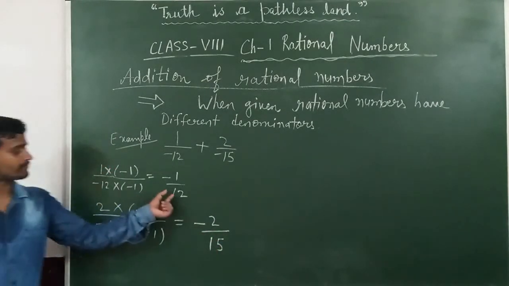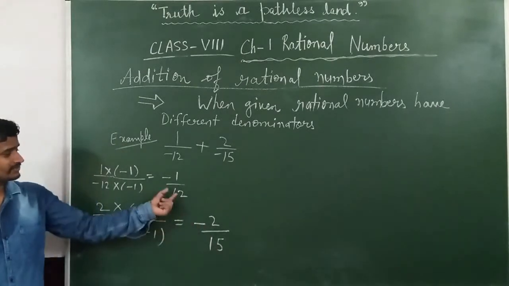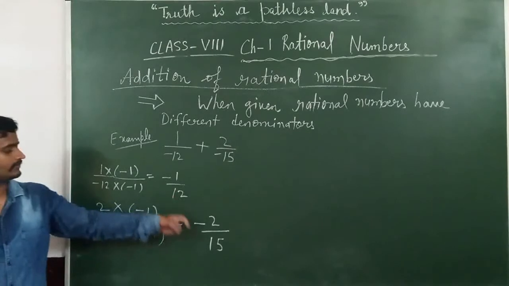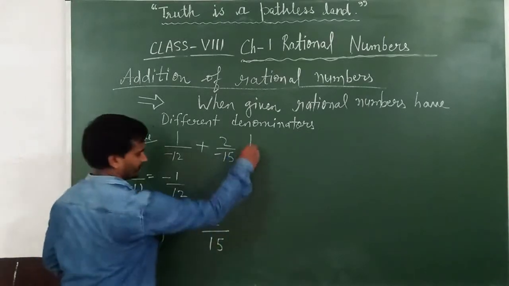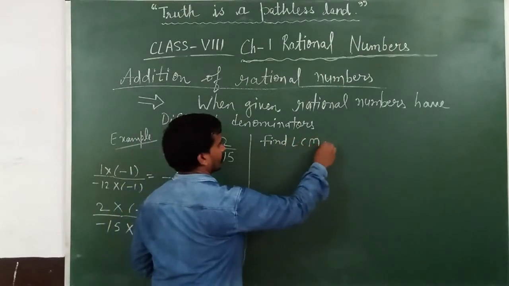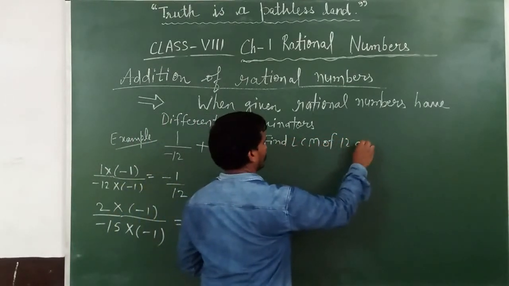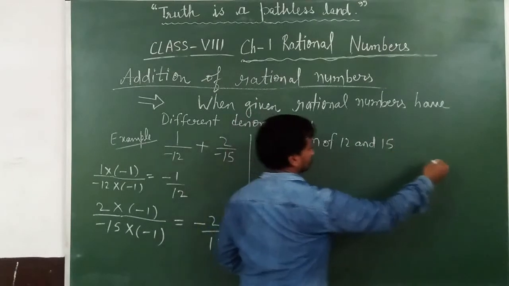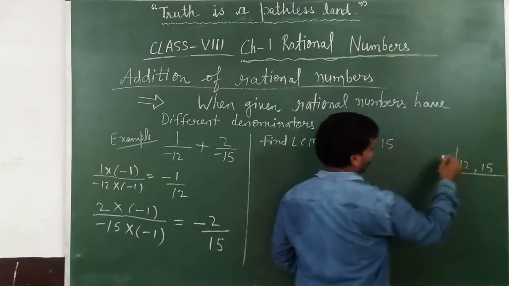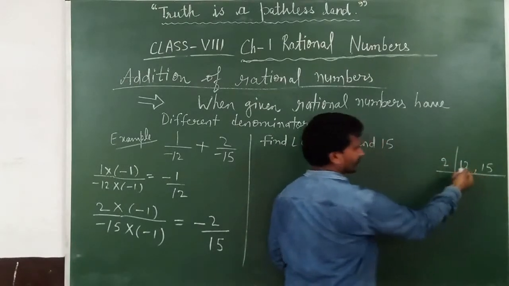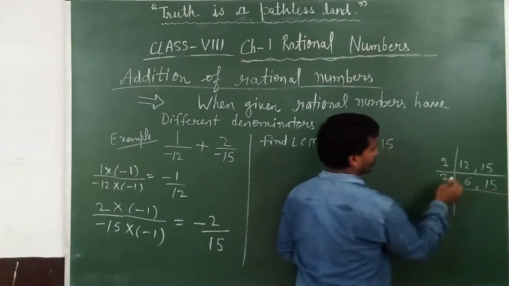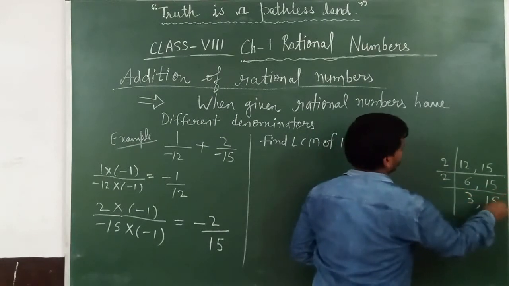Now denominators are positive. Since the denominators are different, we now find the LCM of the denominators. LCM of 12 and 15. Divide by 2 because 12 is even, again by 2, we get 3 and 15.